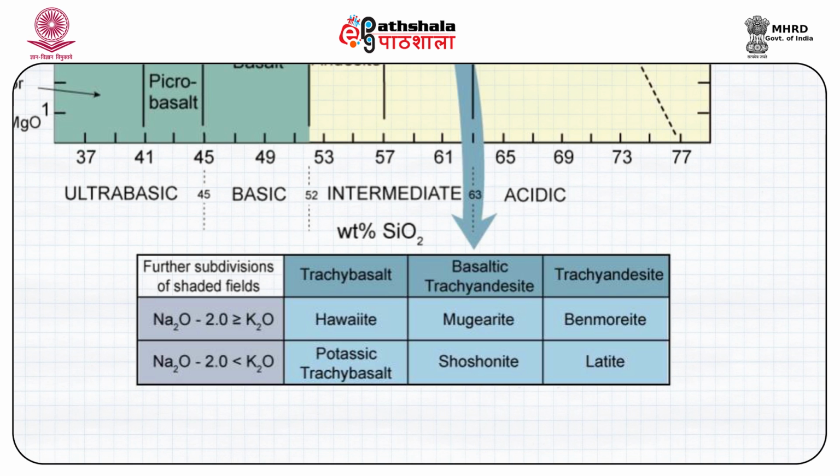These are rocks where there is more sodium than potassium, and that is called hawaiite. And when Na2O is about 2% and K2O is less than 2%, it is called potassic trachybasalt and then shoshonite. So, these are different ways in which a rock is classified into saturated and undersaturated rock.